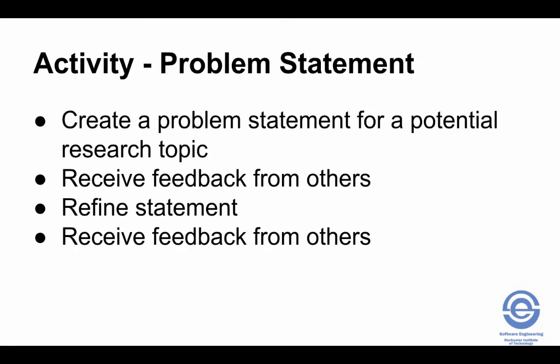And this feedback should be more critical feedback, along the lines of maybe your problem statement is a bit too ambiguous, maybe you're not defining the problem well enough, maybe you're not defining how it will impact the external world well enough.